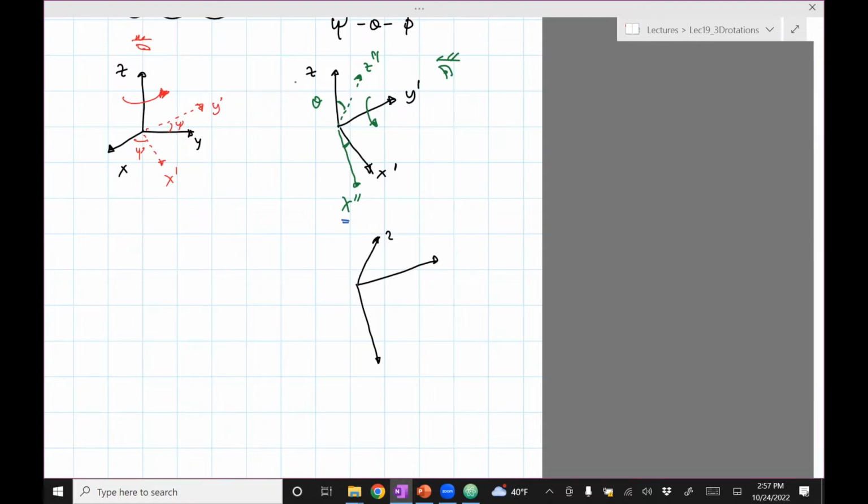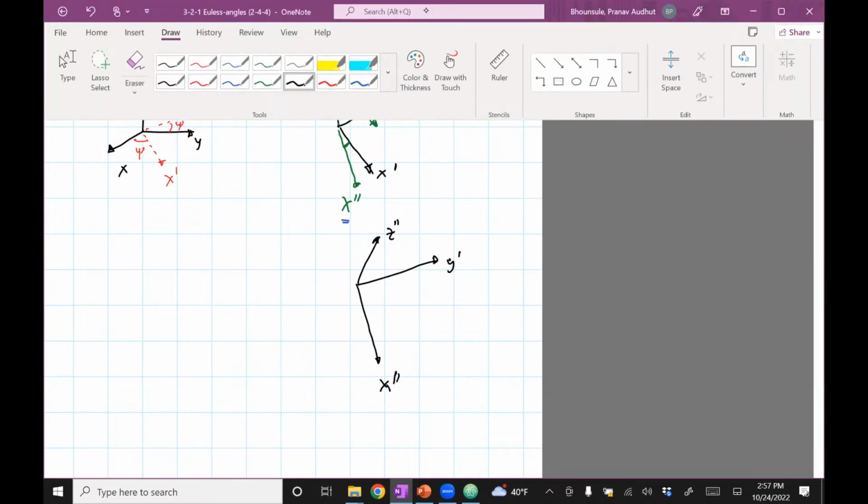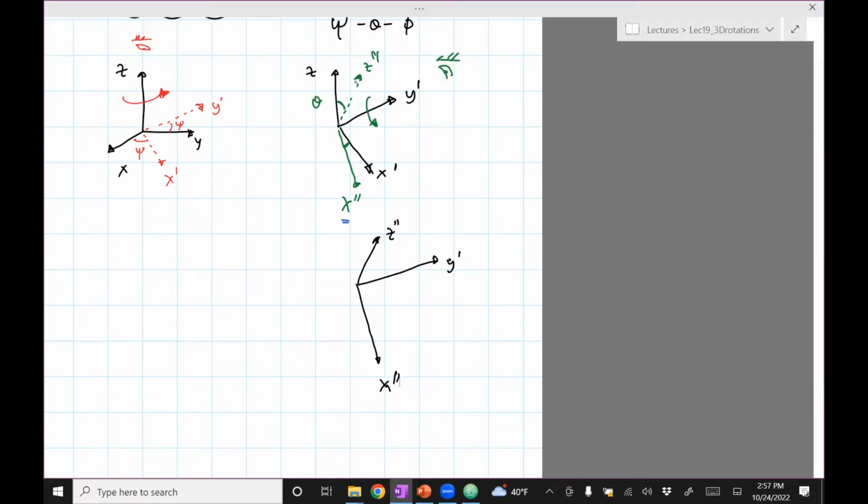It should be z double prime. So y is y prime and then x prime. Sorry, my bad. This should be x double prime, this should be z double prime. And then y.